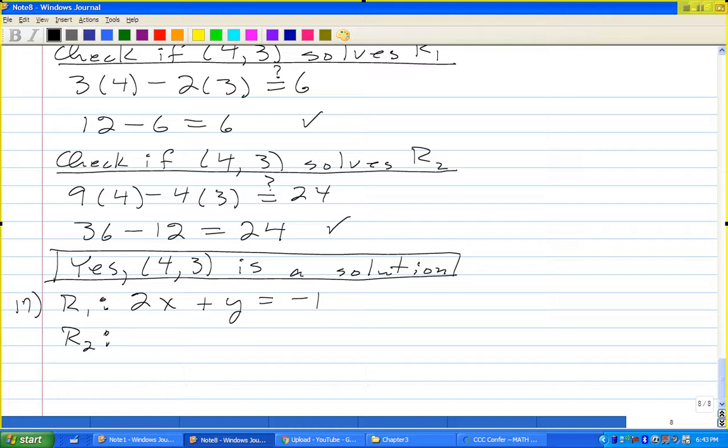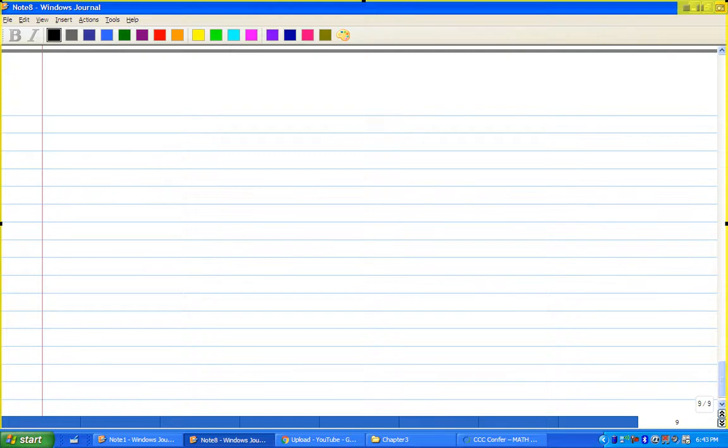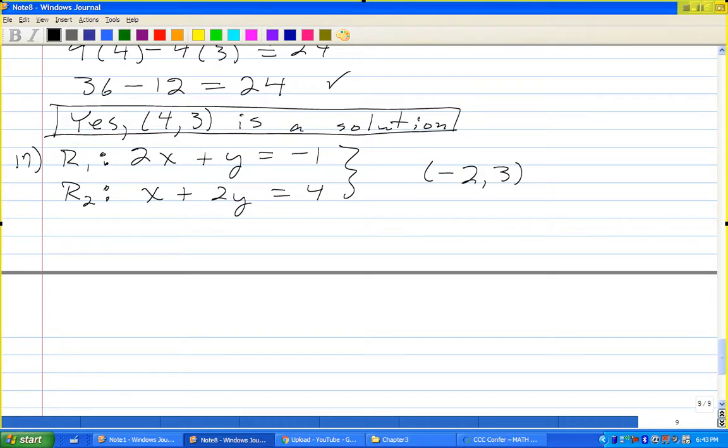Call the next one R2: x plus 2y equals 4. And so is (-2, 3) a solution? Okay, so let's check if (-2, 3) solves my first equation.